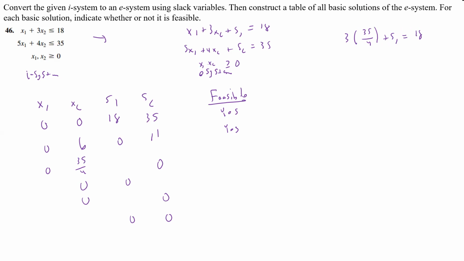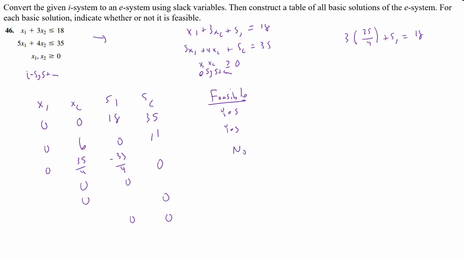So I'm just going to do that in my calculator here. So 18 minus the 3 times 35 divided by 4, make that a fraction, and I get a negative 33 over 4. So that's negative 33 over 4. That one has a negative, so that's not feasible.